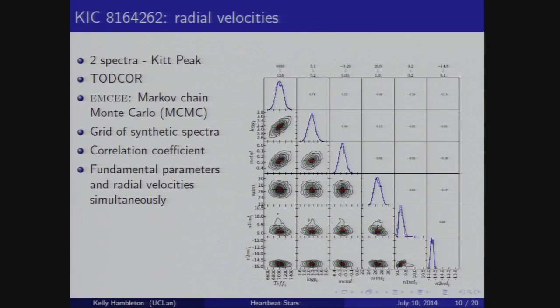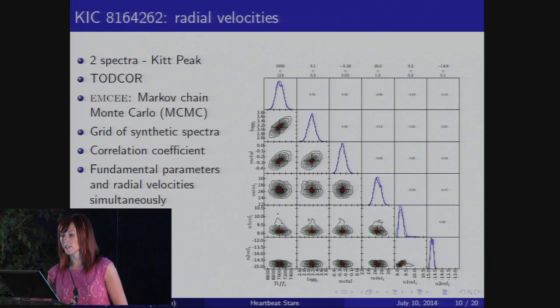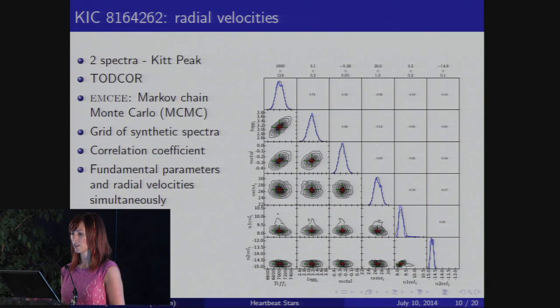So the first thing we did was to obtain spectra. We obtained 2 spectra for this object at Kitt Peak, and usually you would apply TODCOR, which is a 2-dimensional cross-correlation program, to determine the radial velocities of the stars. So what we did, instead of just using it in the normal way, was combine it with emcee, which is an affine invariant version of Markov chain Monte Carlo.